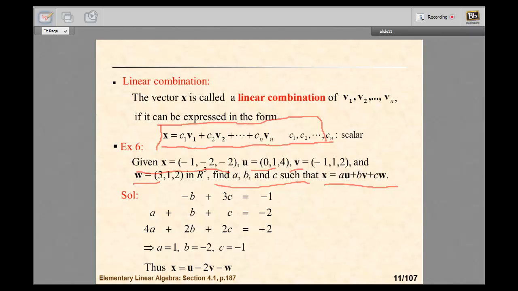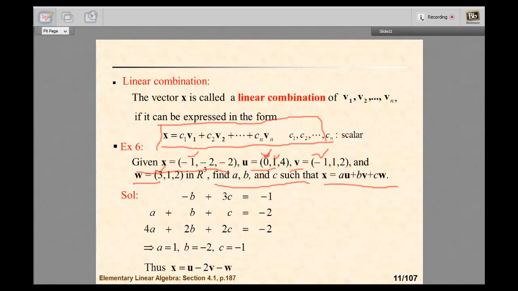First of all you will write the values in the form of equations. The first equation will be 0 minus 1b plus 3, and that is equal to minus 1.